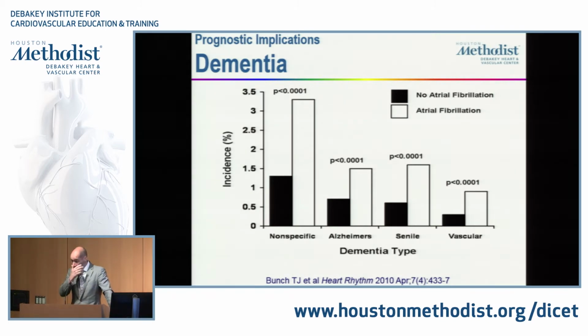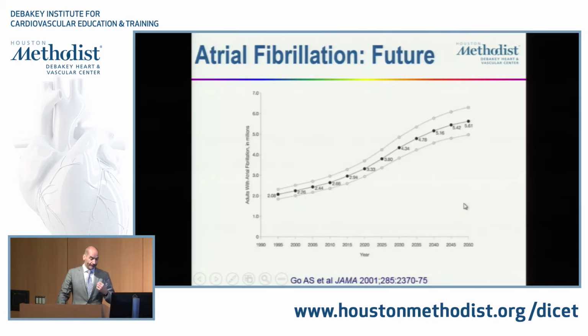The statistical association has been reported between AFib and all kinds of dementia, not just vascular dementia from strokes, but also senile dementia and Alzheimer's. So in a sense, AFib is a sign of aging of your vascular system that can affect the cerebrovascular system and lead to dementia. So it is a big problem, and it is here to stay.